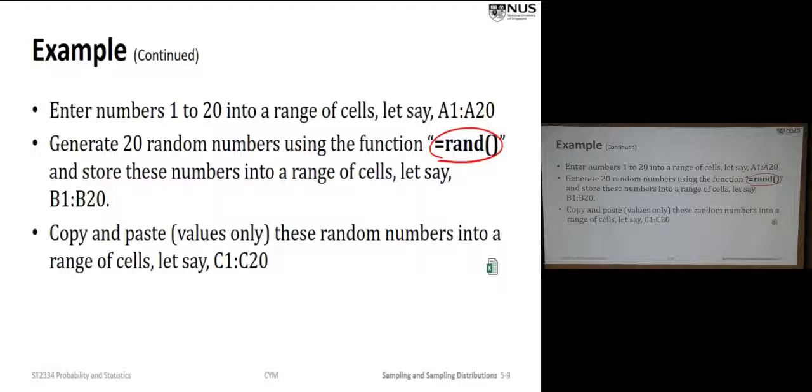Unfortunately, whenever you press return, Excel will redo everything. So if I do something else in another cell, it will change this set of random numbers. I want to make sure this is the set of random numbers I use, so I copy to the third column, C1 to C20.